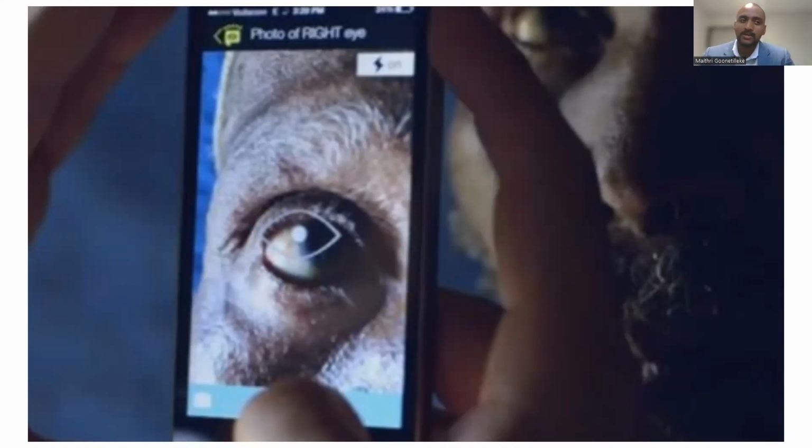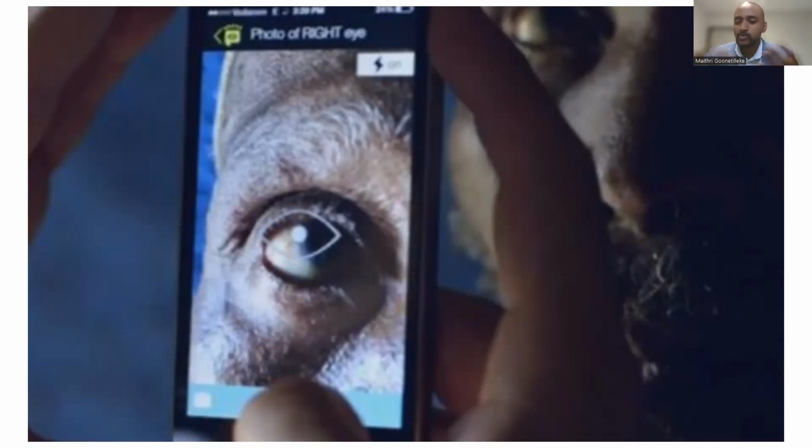Cataract blindness is one of the big killers in sub-Saharan Africa, because if you can imagine, if you're living in poverty in a rural area and you can't see where you're going, there are a lot of problems that ends up with, everything from being bitten by snakes to falling in holes and breaking bones.